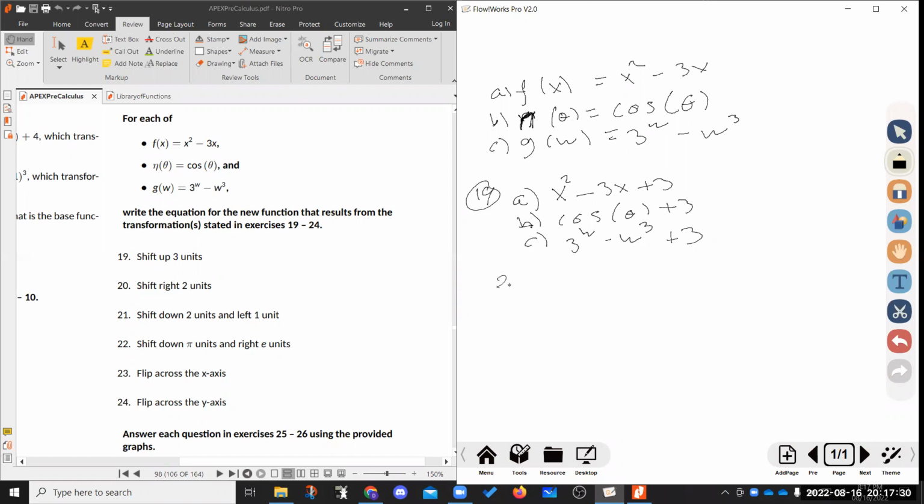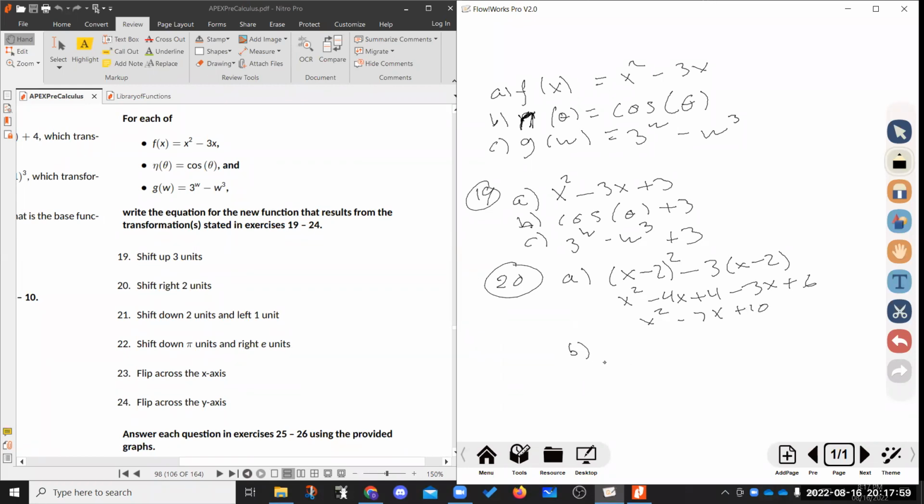20 asks us to shift everything to the right 2 units. So part A is going to be x minus 2 squared minus 3 times x minus 2, which is x squared minus 4x plus 4 minus 3x plus 6, x squared minus 7x plus 10.